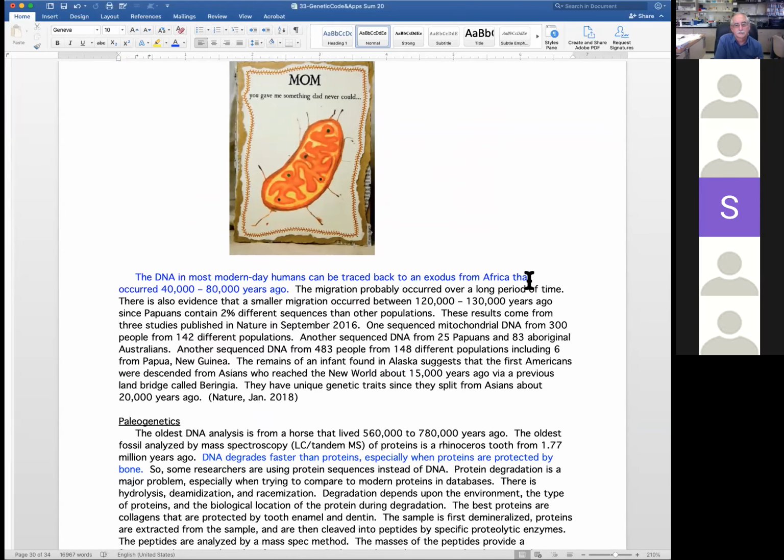What's interesting is that the DNA in most modern humans can be traced back to an exodus from Africa that happened about 40 to 80,000 years ago. It occurred over a period of time. And here's some interesting information about that.